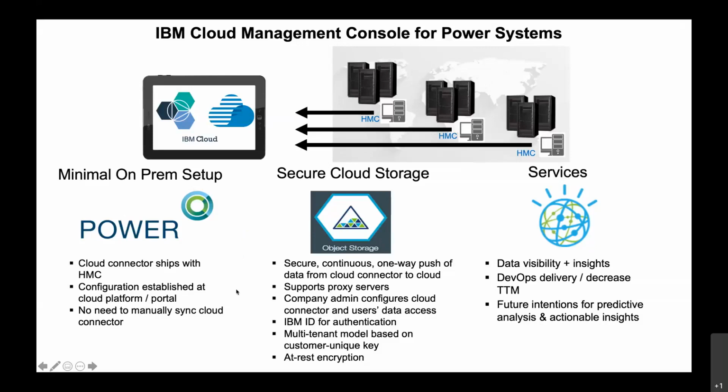Once you start the cloud connector process, you don't have to manually sync. There is no exporting data from HMC and importing into CMC. The cloud connector process on HMC takes care of collecting the data at regular intervals and sending it to the CMC application for it to work with the different apps.